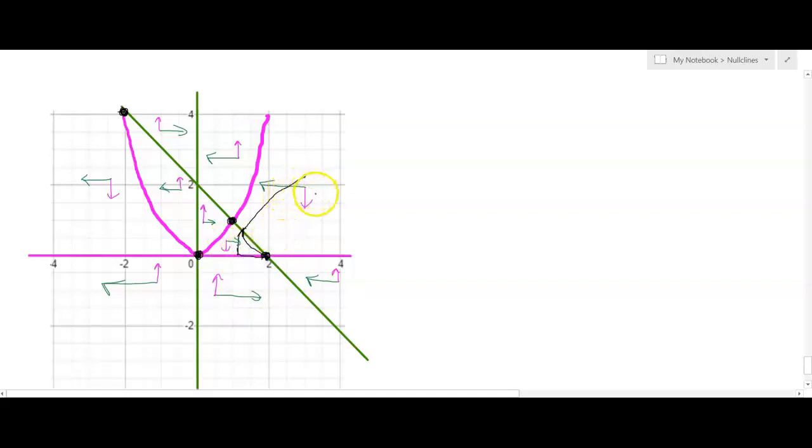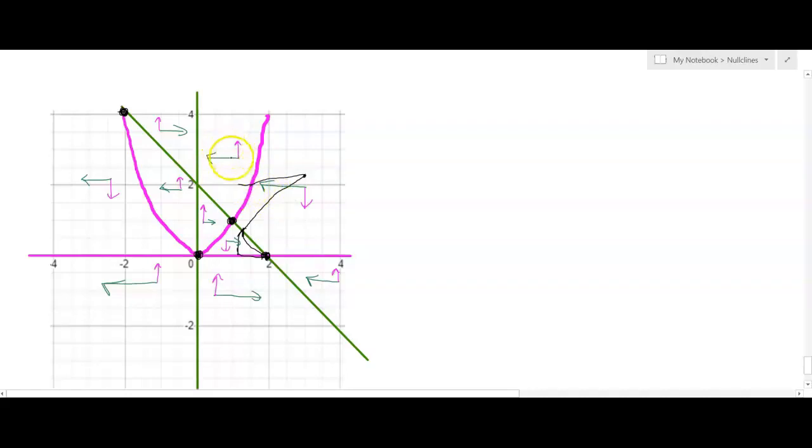Now another possibility, of course, is that that point comes in and hits this nullcline first. That's a y nullcline. You see arrows point down below this, and they point up above this. So since it's a y nullcline, that means this point cannot go upward, but all the dx/dt say that it will point right, so it'll break through there.